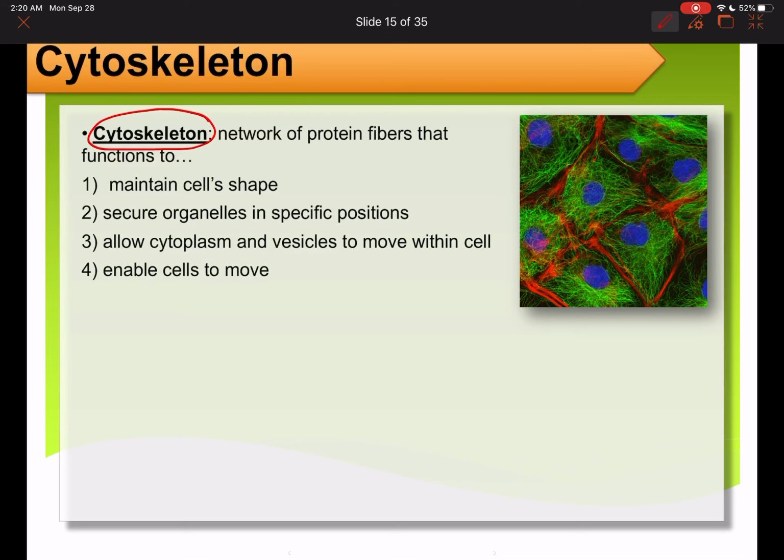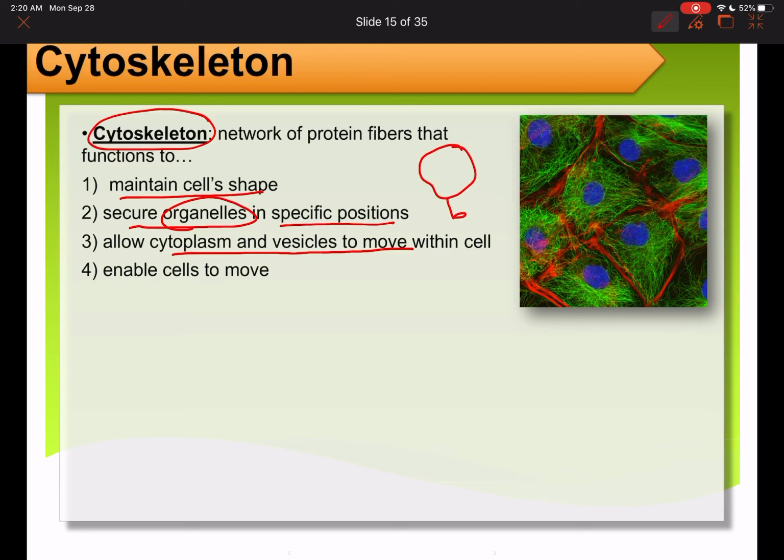So one, it functions to maintain the cell shape. It can secure organelles in specific locations to make sure that all of a sudden the nucleus doesn't start migrating towards the plasma membrane, or the centriole doesn't start going away from the nucleus. And it allows cytoplasm and vesicles to move within the cell. It usually serves as little tracks for those vesicles to move, which is what you saw in the video earlier, with a little foot moving across a line with a huge bag.